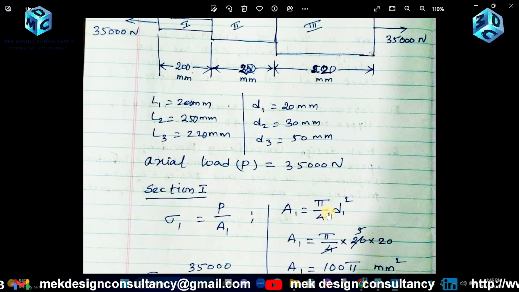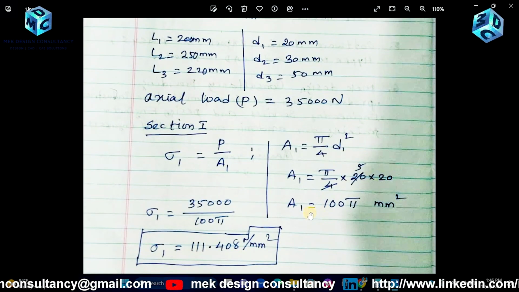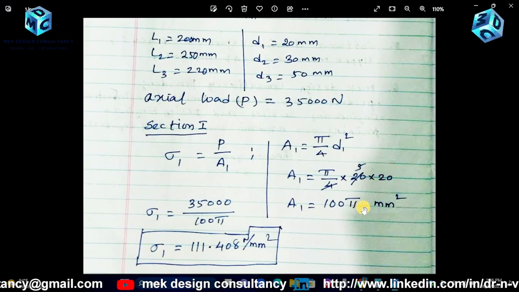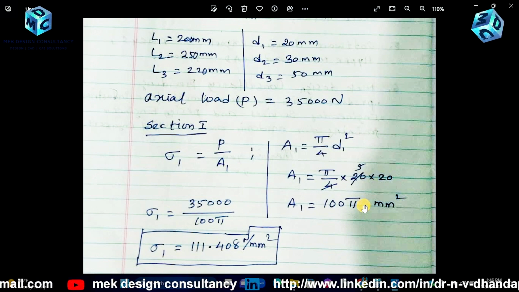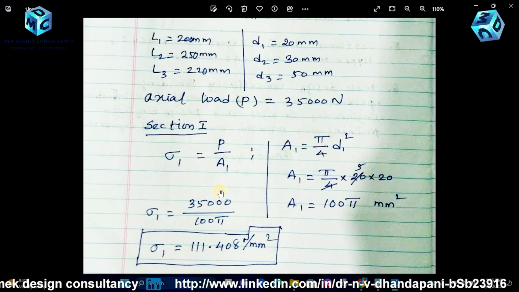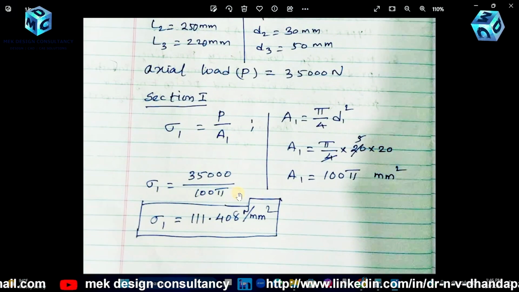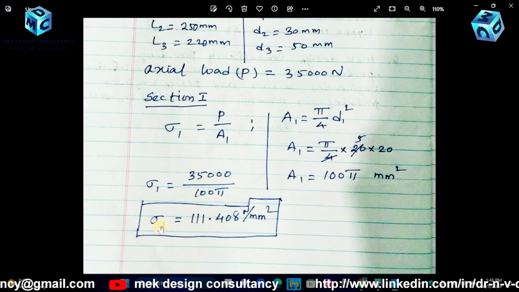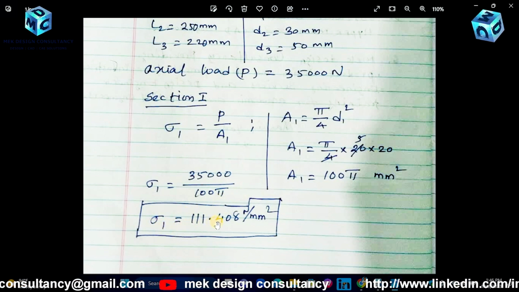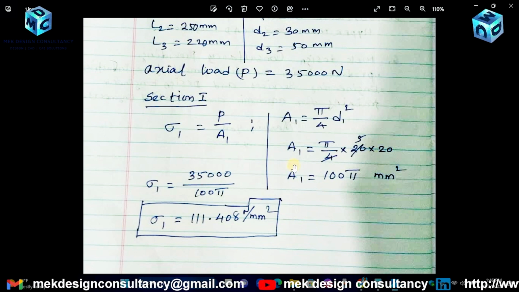A1 equals pi by 4 into D1 square, and after simplification we get A1 equal to 100 pi millimeter square. Applying the axial load of 35,000 Newton divided by 100 pi, we get a stress value of 111.408 Newton per millimeter square.